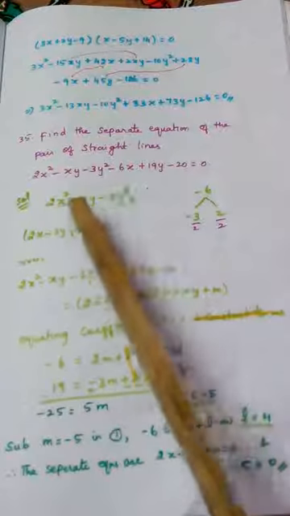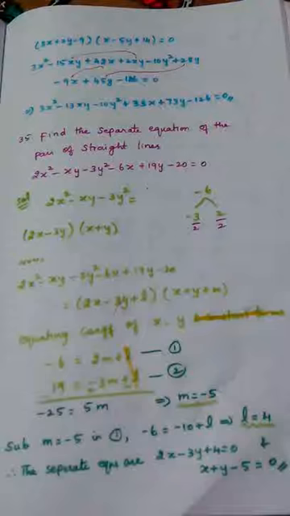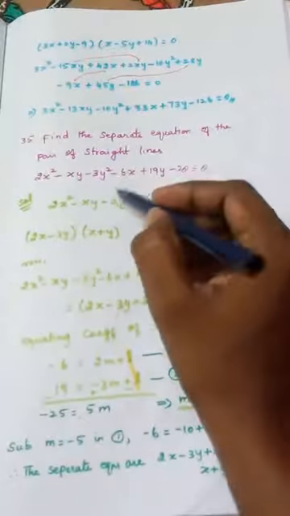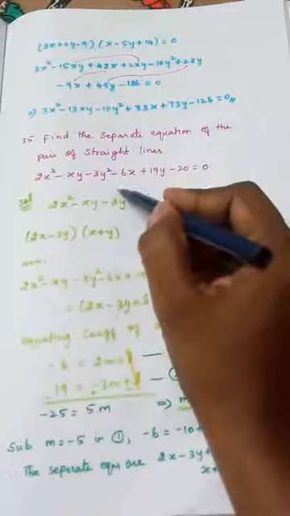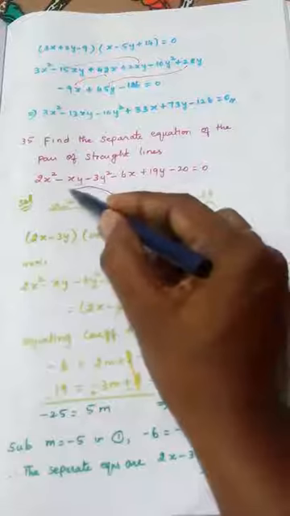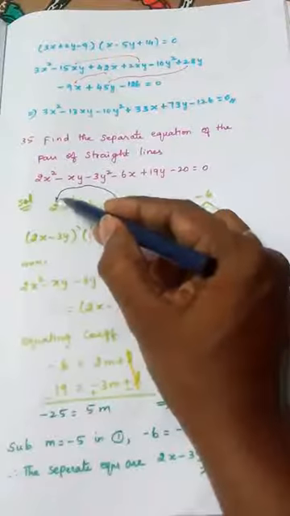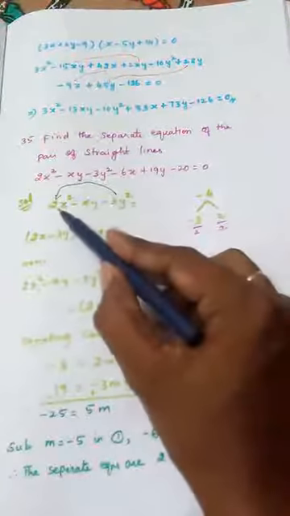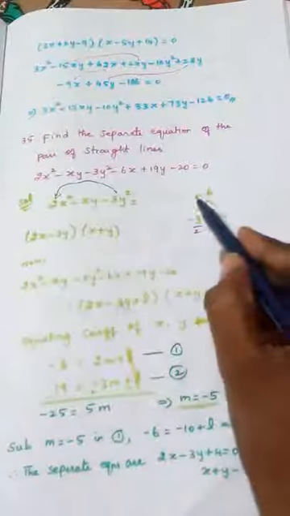So take the first three terms and try to factorize it. How to factorize? You know how to factorize. If you don't know, just listen. This is slightly different than the normal factorization. This is minus 3 into 2. This is how we will factorize, right or not? Minus 3 into 2 is written as minus 6.